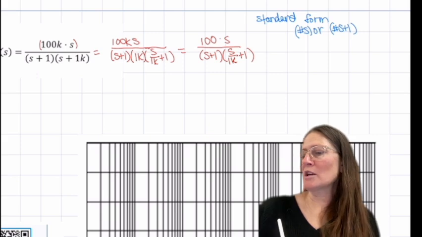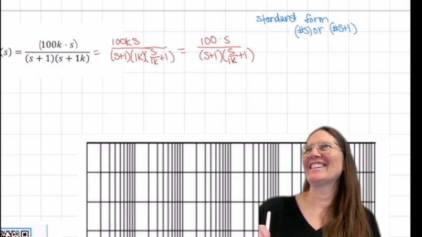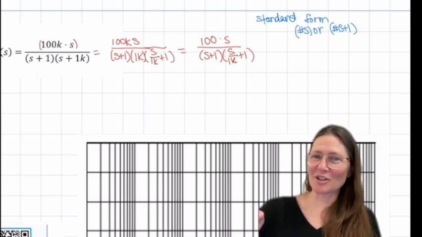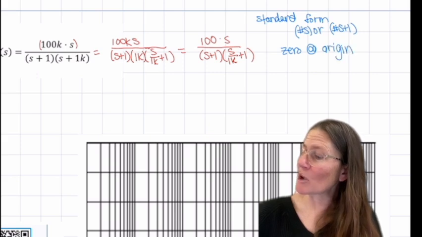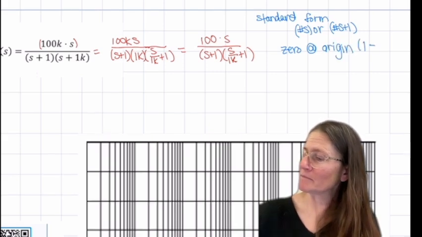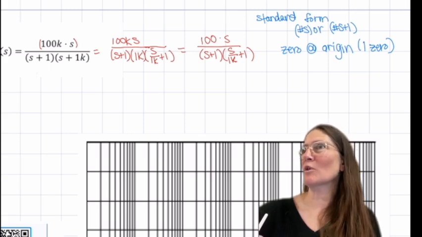So how many zeros do I have, and what zeros do I have? How many? We have a 0 at the origin or 0 at 0. So 0 at the origin. How many? So only 1 0. How many poles do we have? Correct. 2 at where?